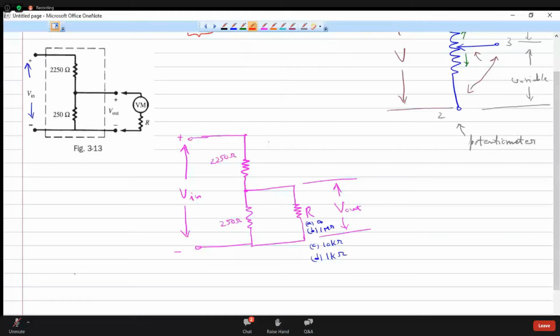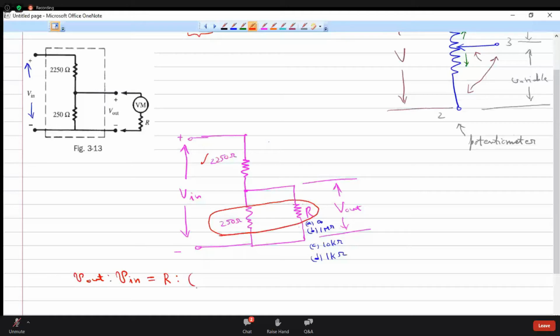We can write V out is to V in is equal to R is to this plus this entire thing.